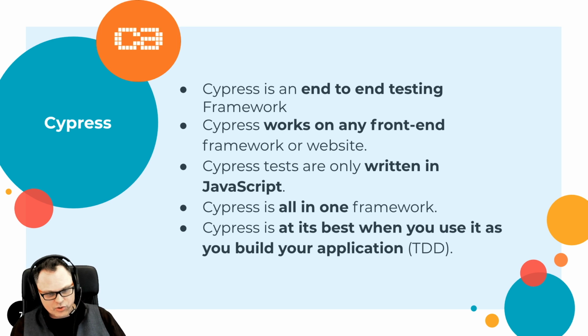That's actually a real case scenario, Mocha, Chai, Sinon. Now in Cypress, you don't have to do that. All functionality is included in one package, and that is really good.